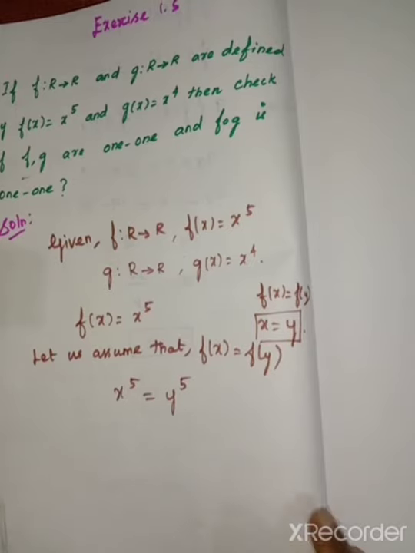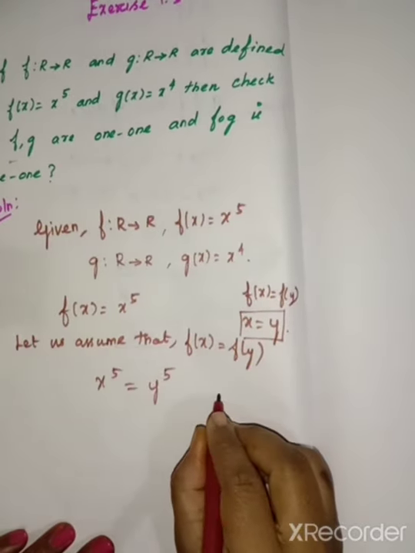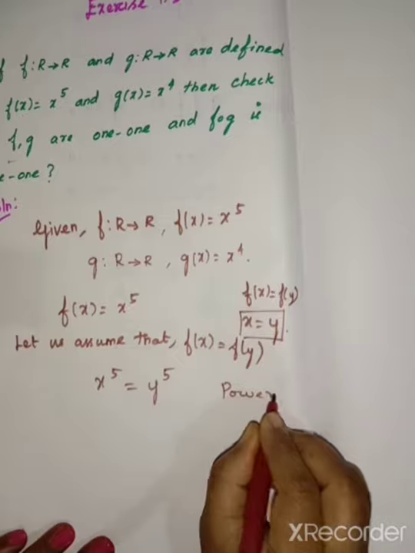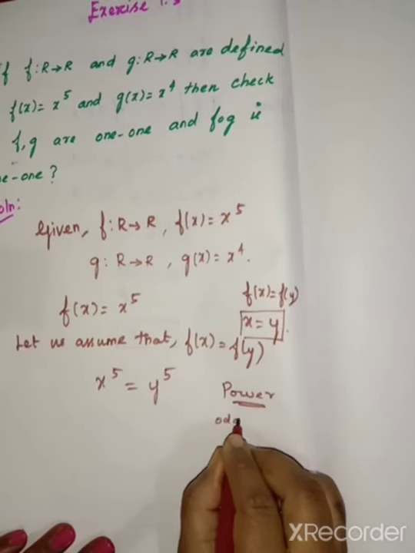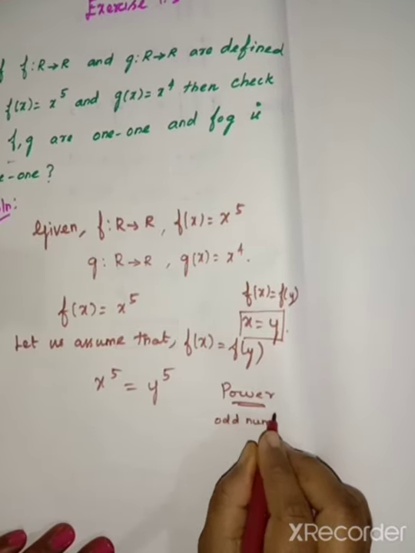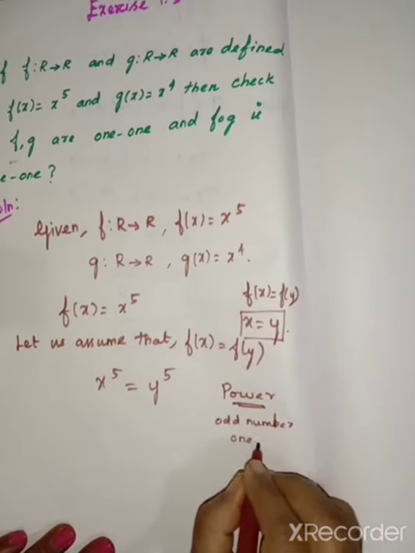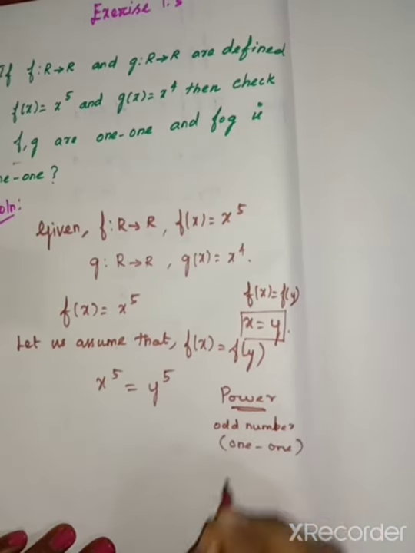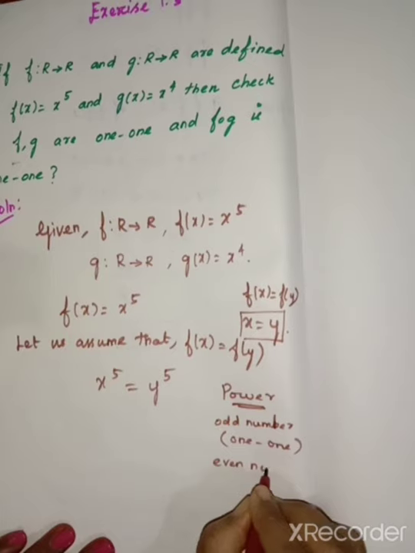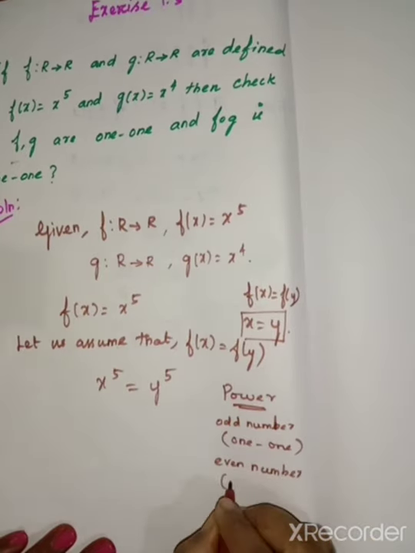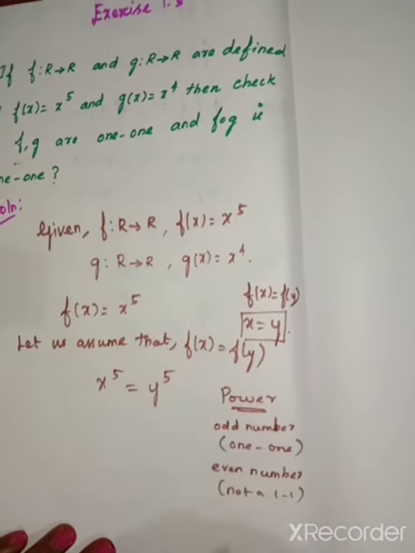Here one statement is given: if you have odd numbers as the power, it is considered a 1 to 1 function. Suppose it is an even number, then it is not a 1 to 1 function.